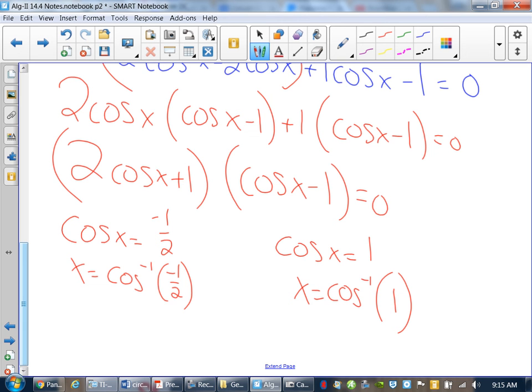Is that 60? Yeah, 2 pi over 3. So you're at 2 pi over 3. It's also negative in the third quadrant. That would be at 4 pi over 3.